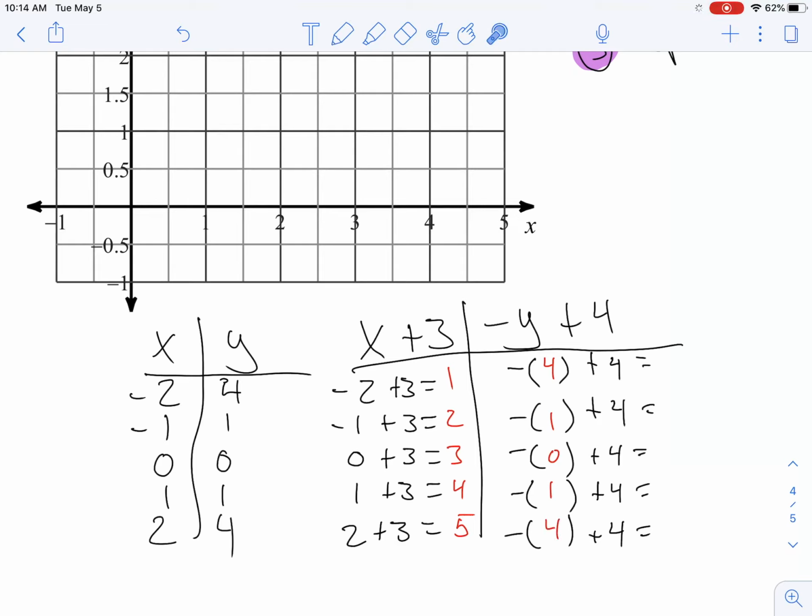So order of operations, I'm going to multiply first and then add. So the opposite of 4 is negative 4, plus 4 is 0. So I'm getting 0 here. The opposite of 1 is negative 1, plus 4 is 3.